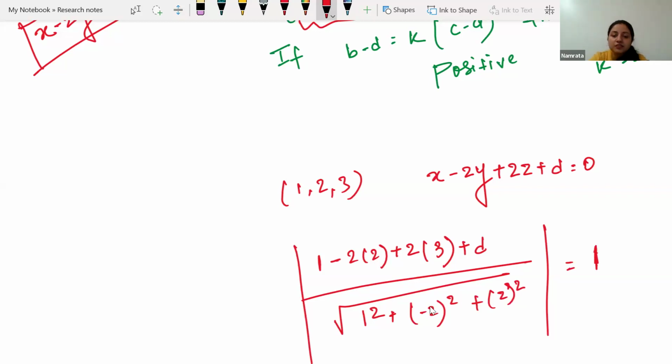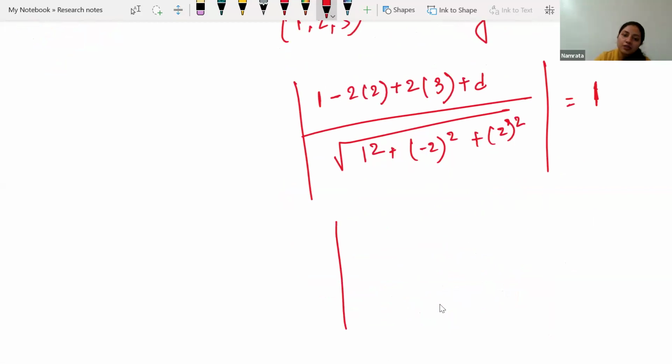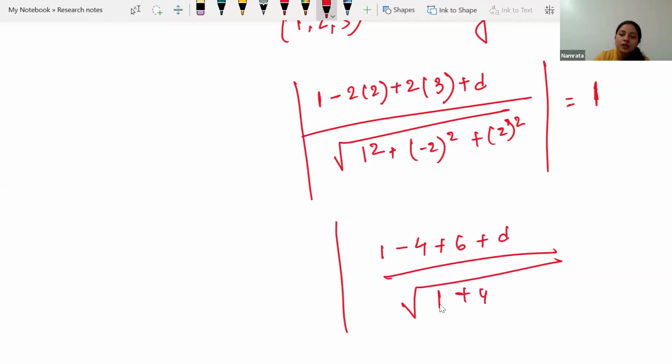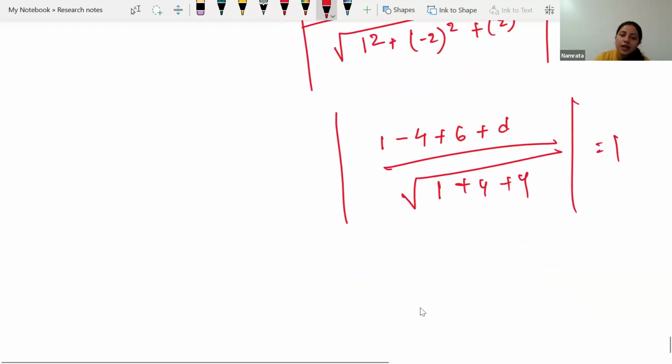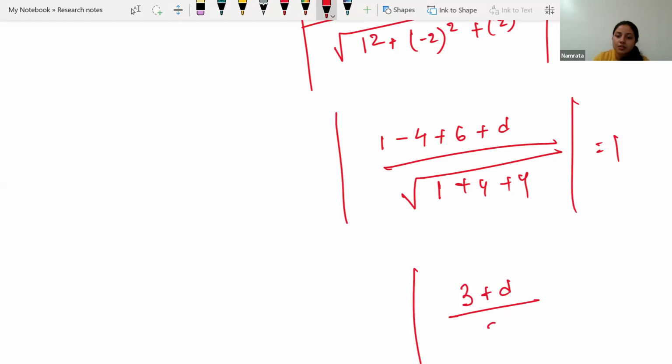Let's simplify it. We will have 1 minus 4 plus 6 plus d over the square root of 1 plus 4 plus 4 is equal to 1. We will have 6 plus 1, 7 minus 4, that is 3 plus d in the numerator, and the denominator is root 9, that means 3.